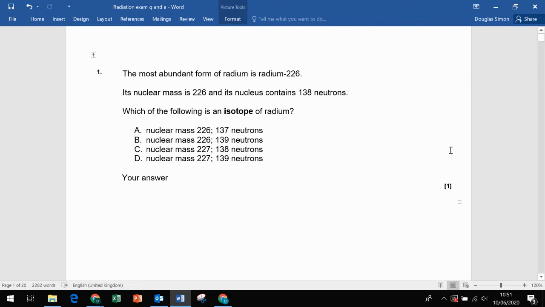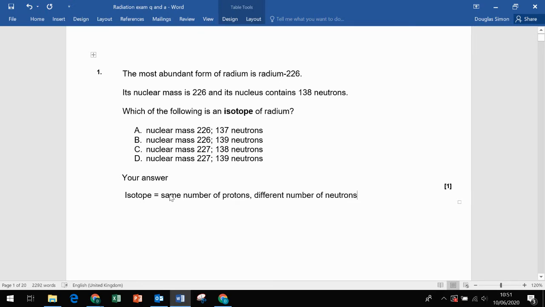Question 1. The most abundant form of radium is radium-226. Its nuclear mass is 226 and its nucleus contains 138 neutrons. Which of the following is an isotope of radium? So an isotope has the same number of protons, a different number of neutrons.